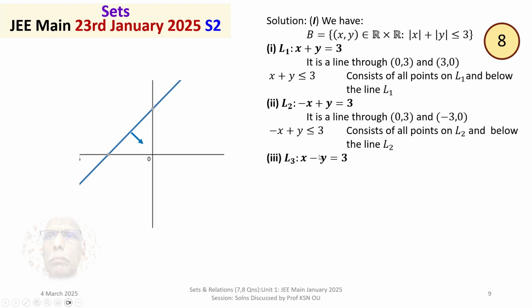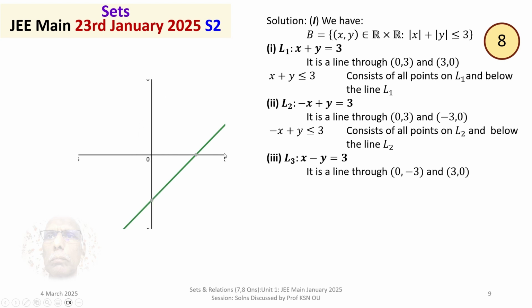Go to the third case. Now, x positive, y negative. So L3 is x minus y is equal to 3. It is a line through (0, minus 3) and (3, 0). Now consider inequality. So this is the line, and (0, minus 3) is here, (3, 0) is here.